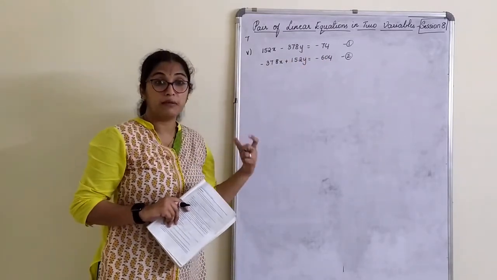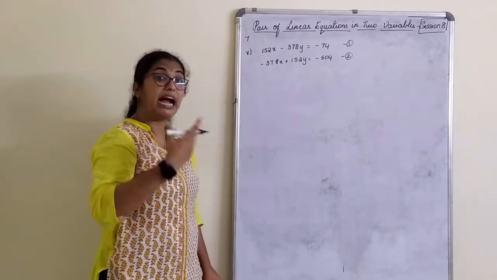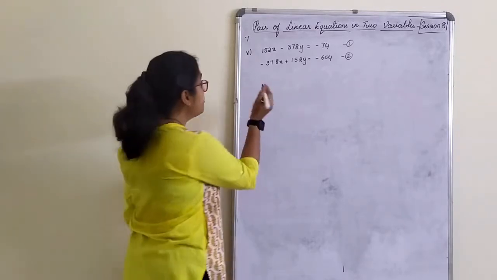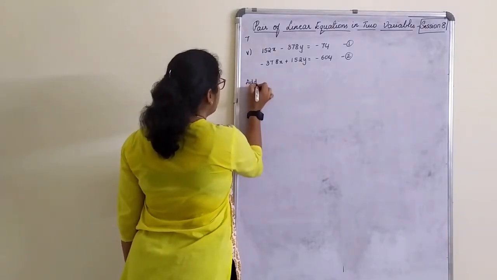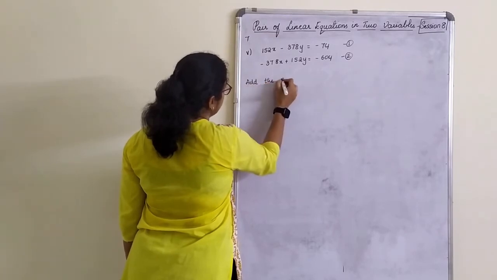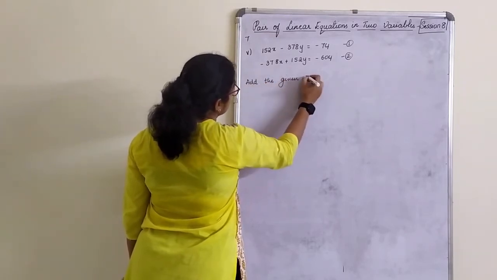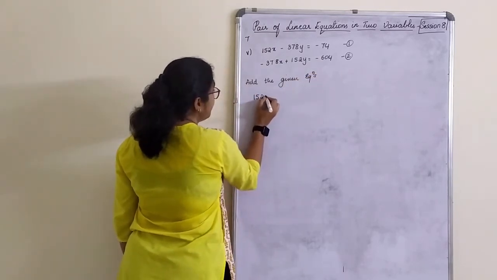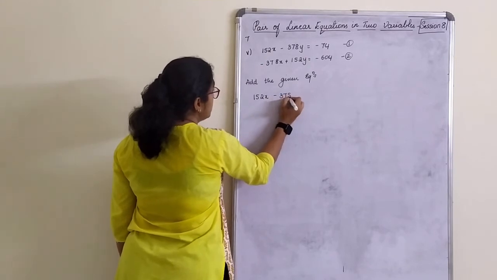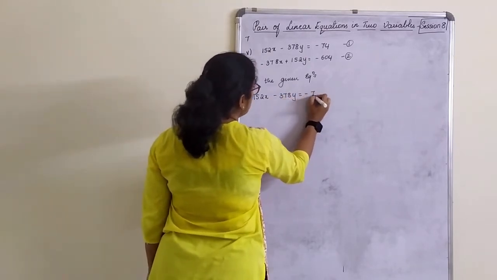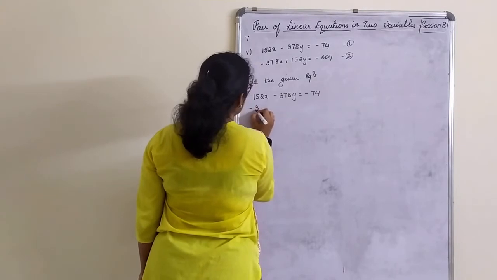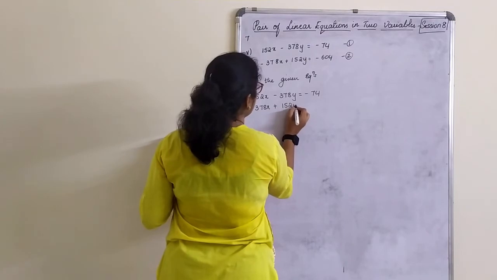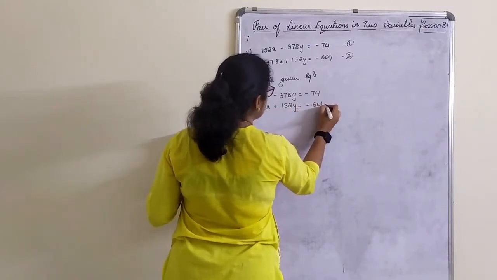Whenever you have such bigger numbers, first and foremost thing you have to either add them or subtract them and get fresh equations to eliminate. First we will add the given equations. Okay, we'll rewrite once again. 152x minus 378y is equal to minus 74, minus 378x plus 152y is equal to minus 604.